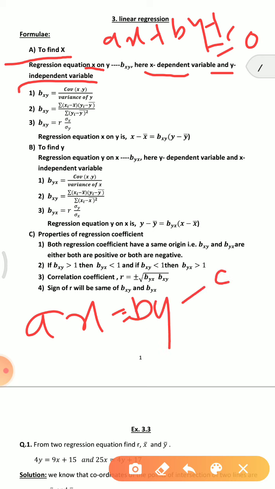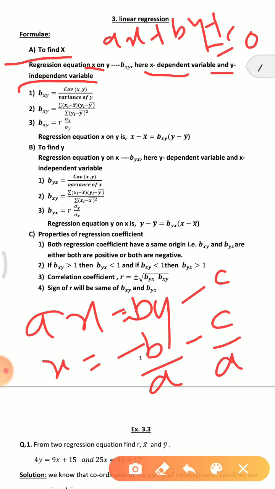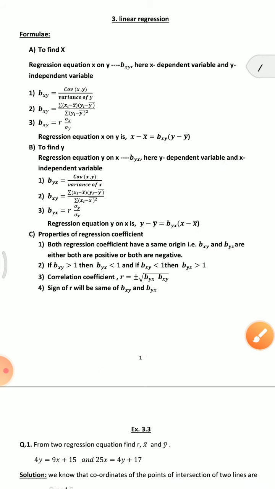Dividing both sides by a, x is equal to minus b by a y minus c by a. That means the regression coefficient of x on y is equal to minus b by a. This is how you find the regression equation of x on y.